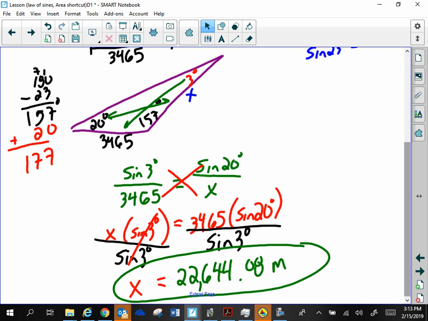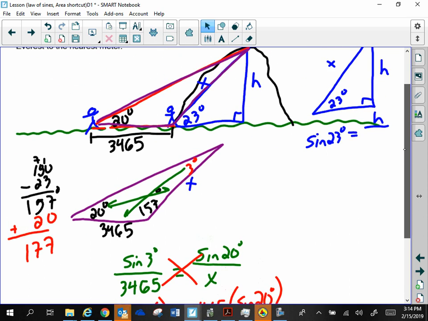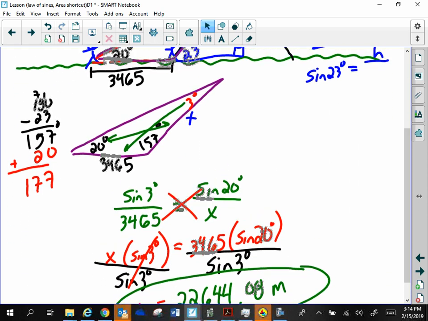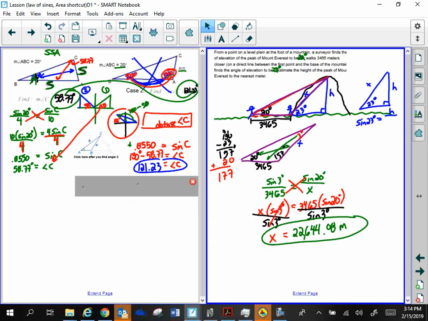Now don't be happy with that, it's not my final answer. I'm not going to round this, I'm going to keep it in my calculator. That is just the length of x, which is 22,644.08.